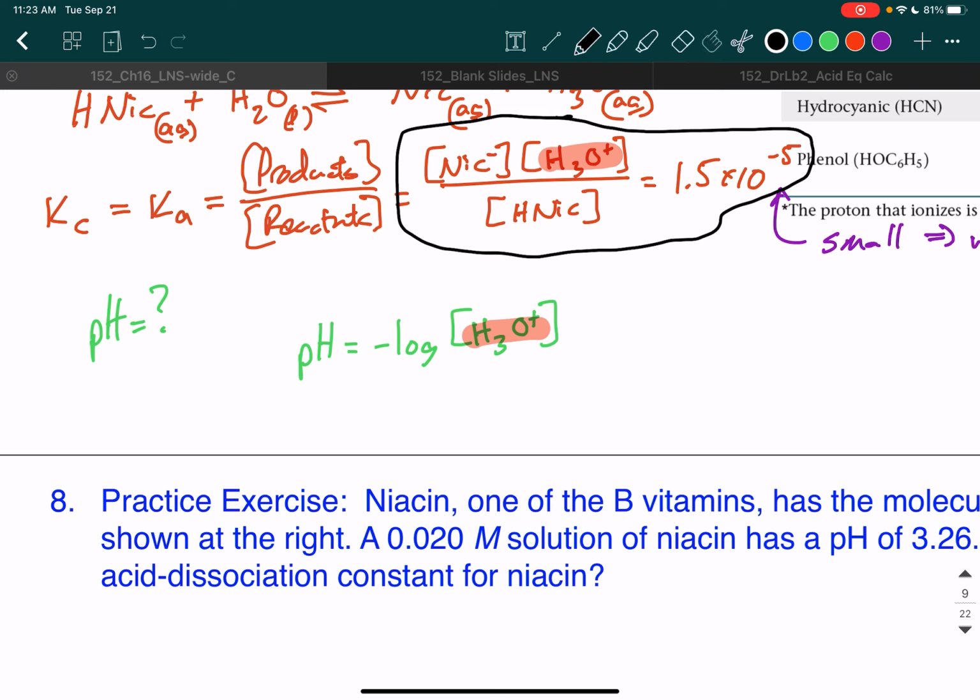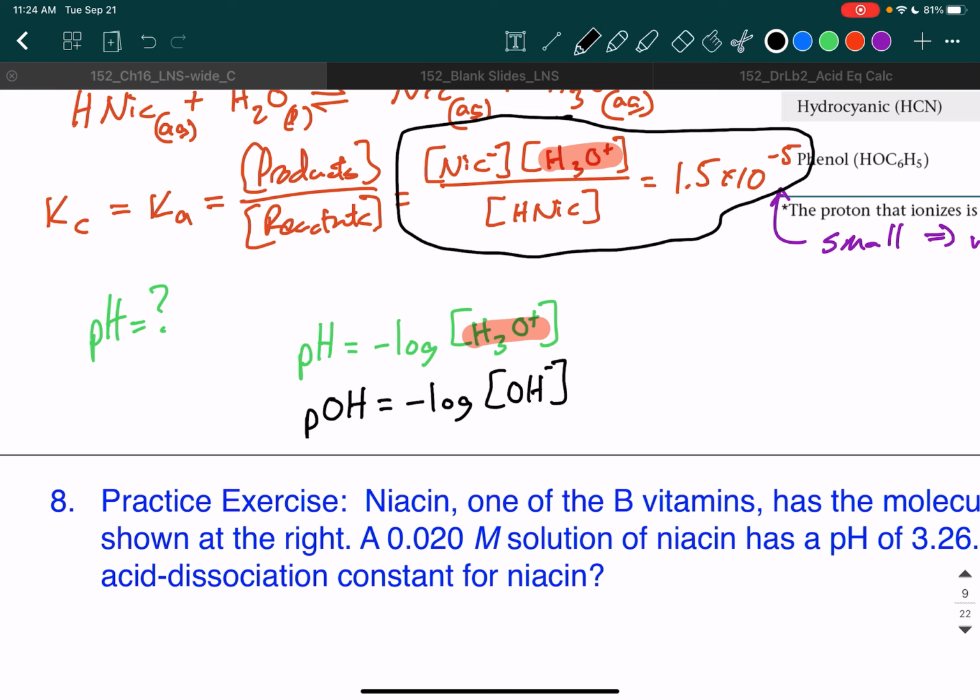So hydronium, right? That was that characteristic molecule associated with an acid. Well, as it turns out, there is another equation that can be useful here, and that is for hydroxide. Same kind of setup.